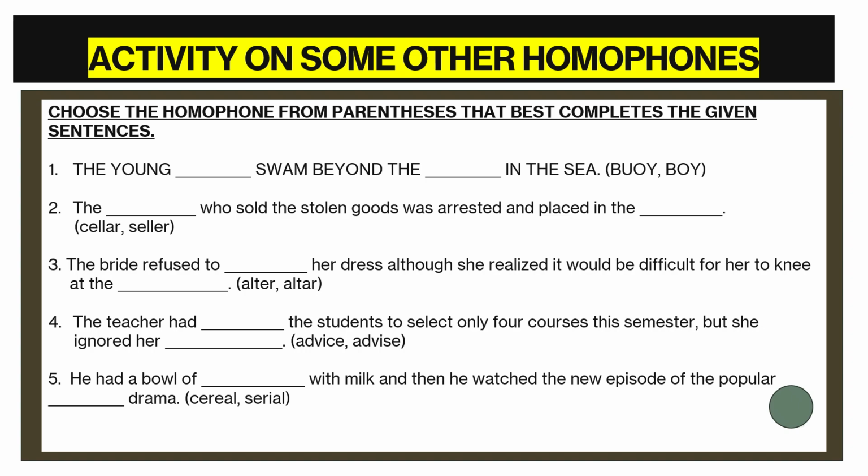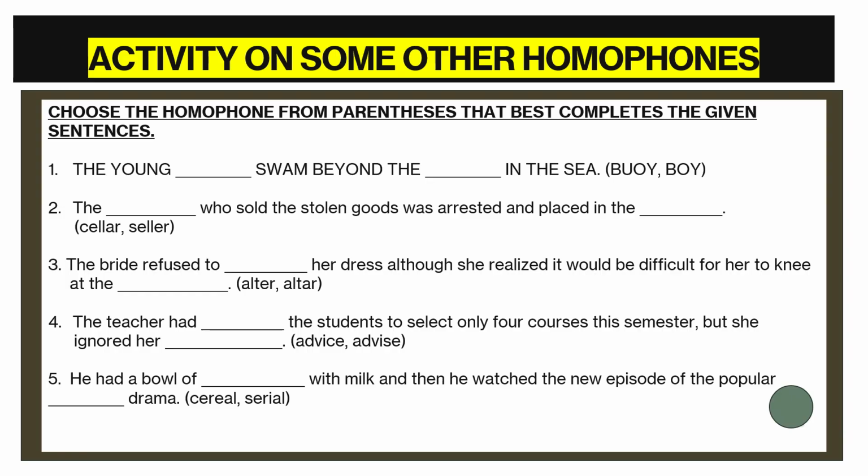Question 4. The teacher had blanked the students to select only 4 courses this semester, but she ignored her blank. Is it advice ADVICE or advice ADVISE? You determine again where the homophones should be. Question 5.